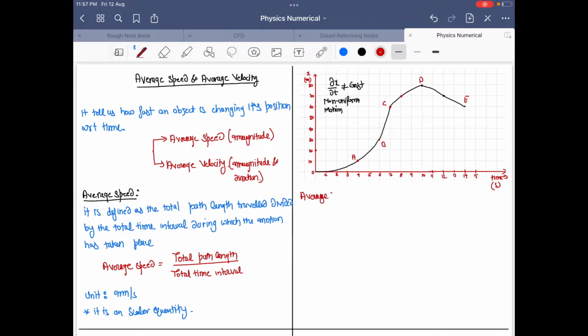Average speed for O to D. O to D motion means when an object is moving from this point and finally comes to point D. So what will be the average speed?